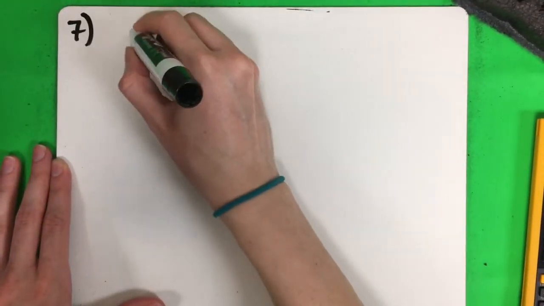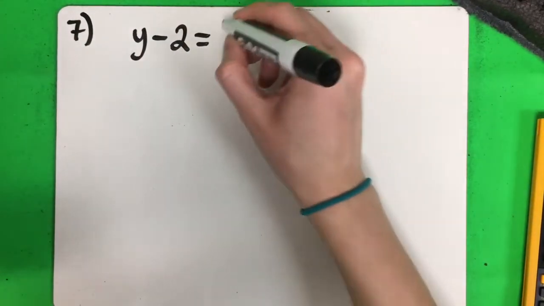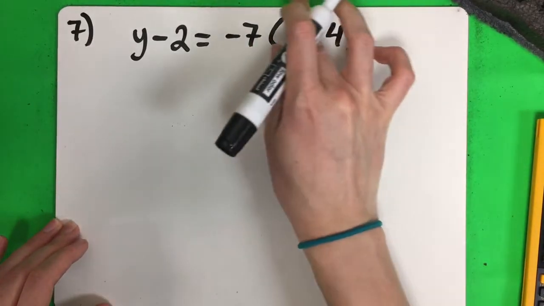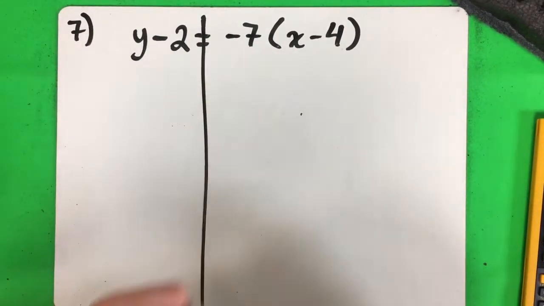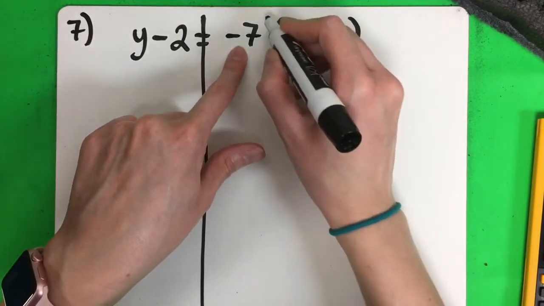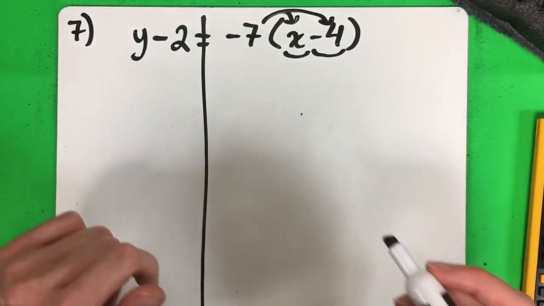Number 7, I have y minus 2 equals negative 7 times x minus 4. I'm going to draw my line. Parenthesis first. I have two things in this parenthesis. I'm going to do negative 7 times x and negative 7 times negative 4.